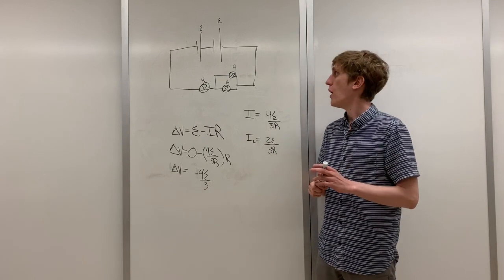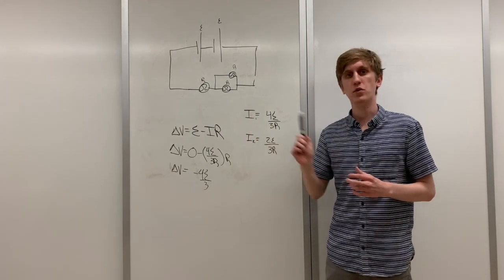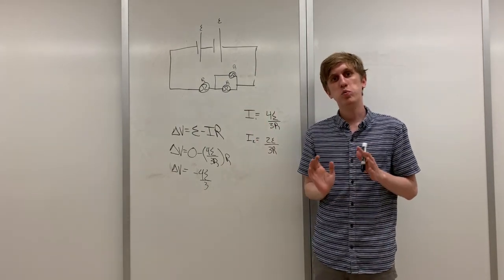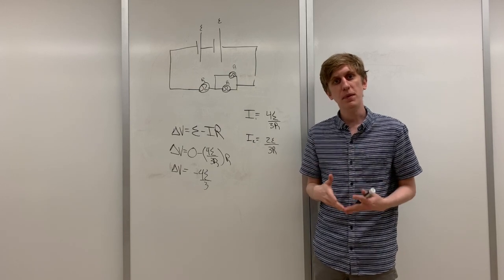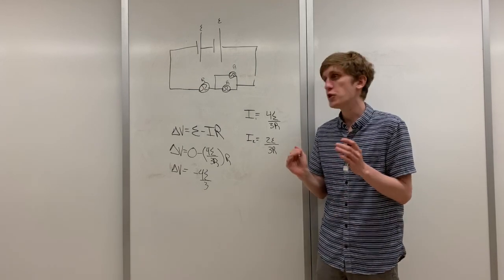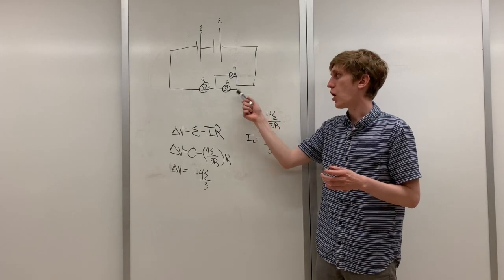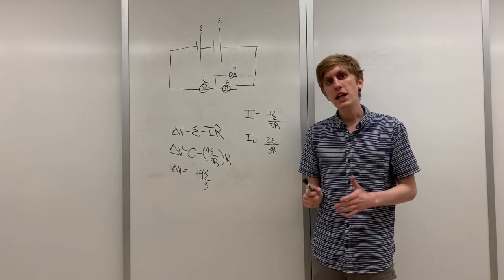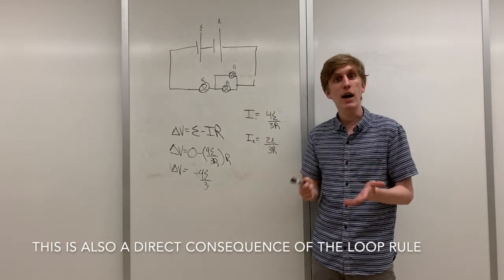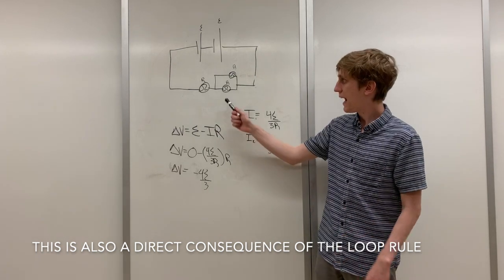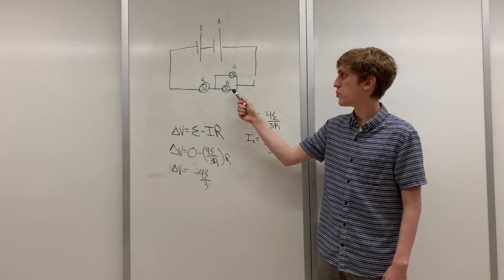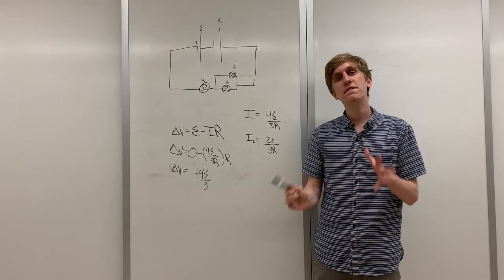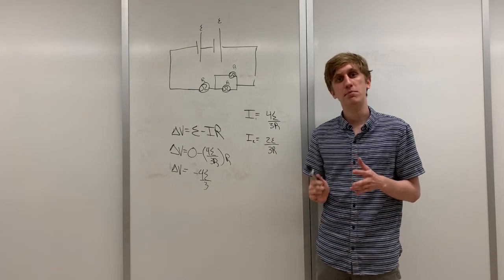Next, we want to know the change in voltage across these resistors here. There's a rule that we can actually use to simplify this part of the problem. It turns out that if 2 elements are in parallel, then the change in voltage across them must be the same. So if we can calculate the change in voltage across one of these resistors, we found the change in voltage across both of them.